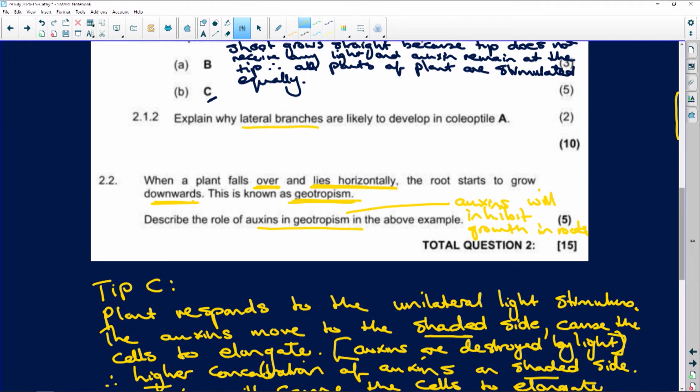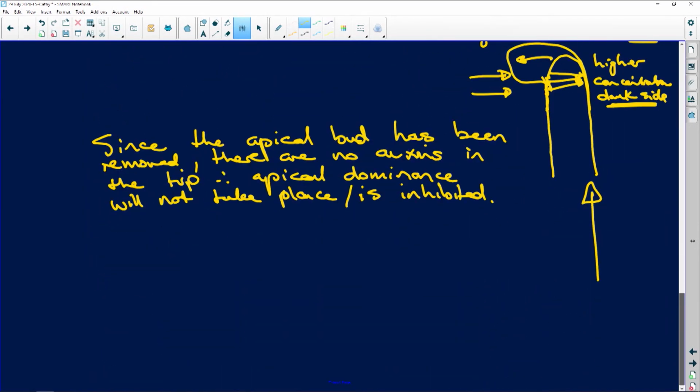But when we look at stems, auxins stimulate growth and cell elongation. Okay, so stimulate in stems, inhibit in roots. So let's do this question and then we'll go for an ad break.